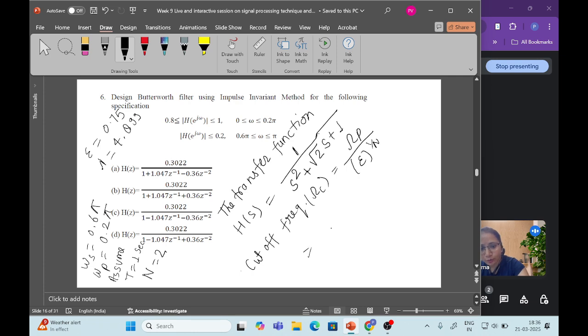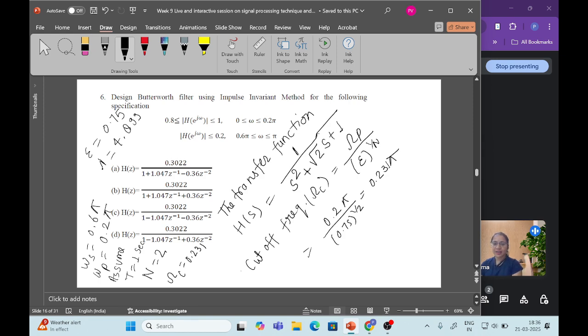Omega p we already know, that is 0.2 pi, and 0.75 to the power 1 by 2. If you further calculate it, you will get 0.231 pi. So the cutoff frequency omega c is equal to 0.231 pi. All these values we have to calculate while designing the Butterworth filter using the impulse invariance method.